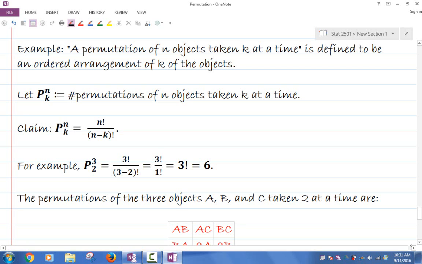A permutation of n objects taken k at a time is defined to be an ordered arrangement of k of the objects. Let me give you an example.